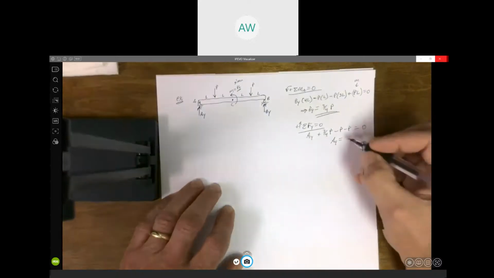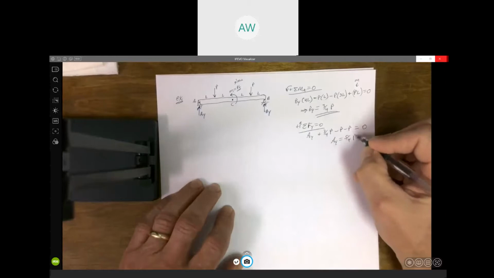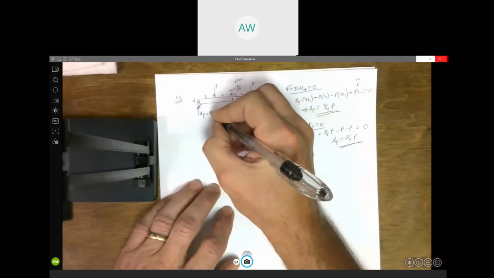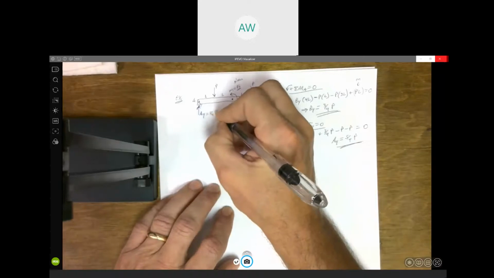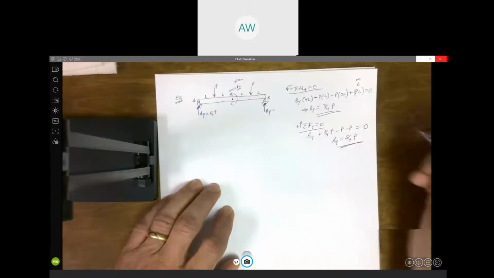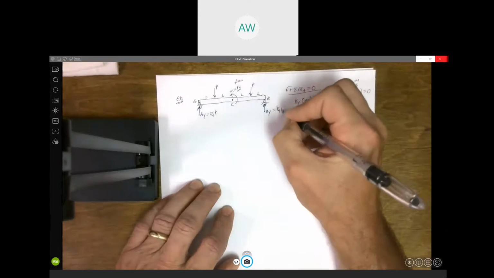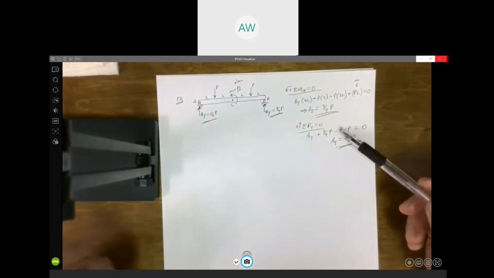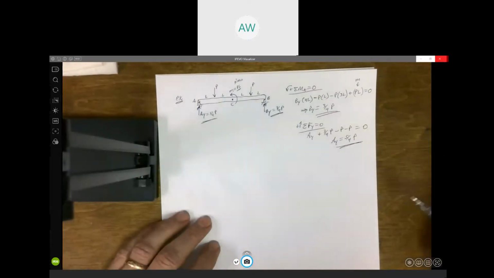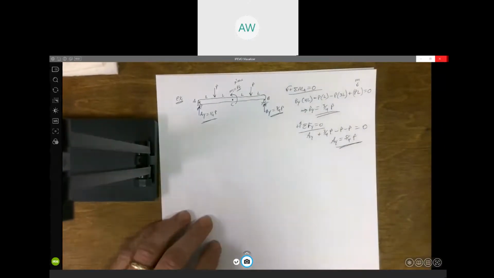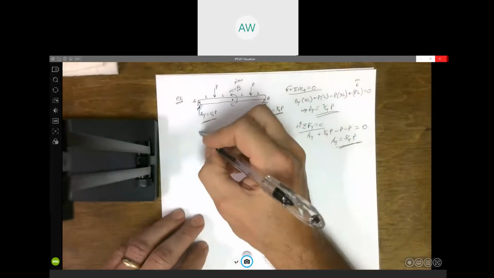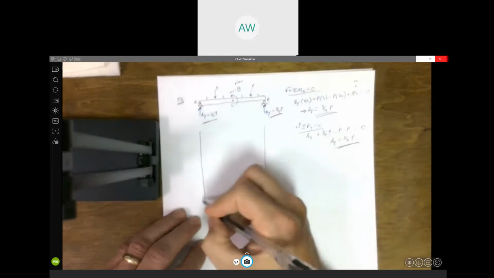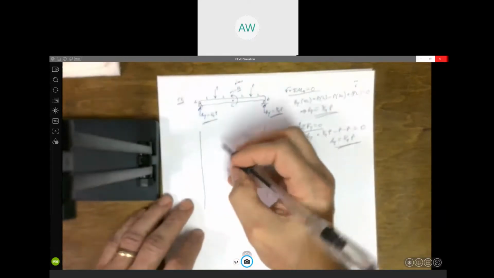I got 5/4 P. Right, so we know AY is 5/4 times P, and BY is 3/4 times P. Simple 2D equilibrium, calculate your support reactions. And that should be all we need to calculate, or not calculate, draw our shear and moment diagram.